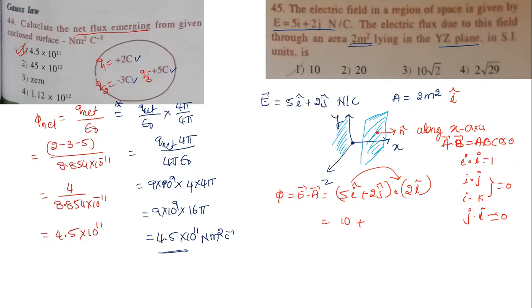For i and i, j and j, or k dot k, it will become 1, parallel, cos 0 degree is 1. So it will become 10, and this will become 0. Just 10. So the net electric flux is 10. Which option is correct? First option is correct. What you need to always think is in what plane we are going to keep that sheet, that is very important. Is that clear? Is this question clear to all of you?